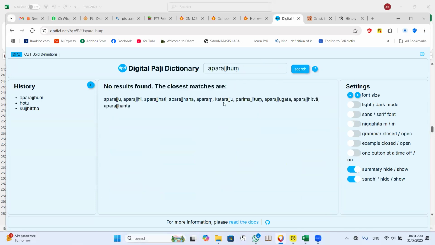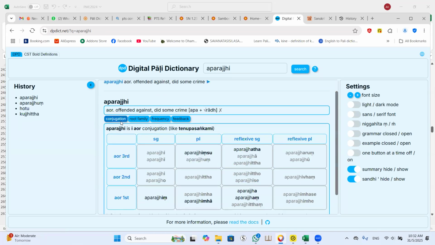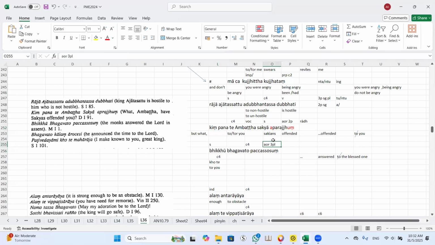So what you do, you type it here, you take this one, because R plus E, offended, so you take conjugation. Okay, so this one, plural. So this one or this one. So you will change on that. Here I put third person, here I put second person.